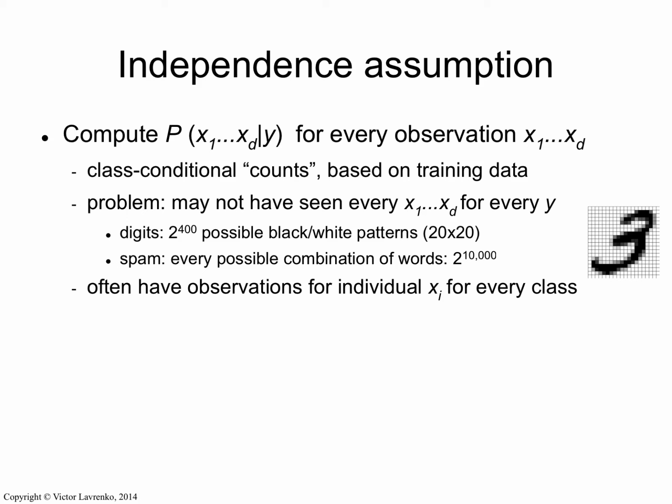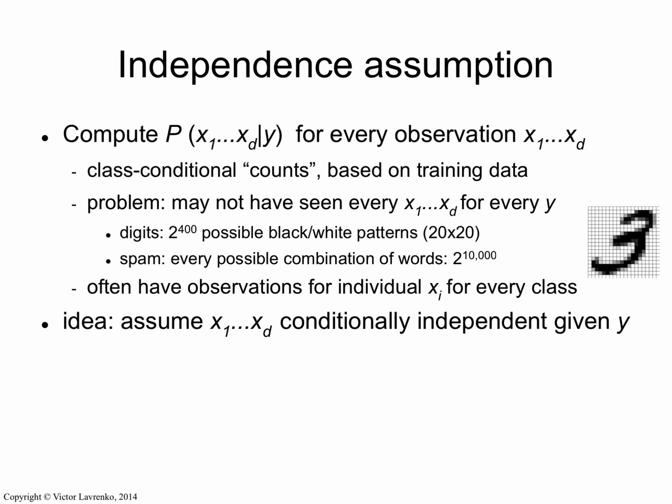And what you are asked to do by the Bayesian classifier is to compute the probability for every single one of those bitmaps given class 3. And that's just not feasible. You cannot even enumerate them, and you will never have the data to count them. So you cannot possibly get this number by counting. And that's just bitmaps. If you work with text, your event space is a lot bigger than that. So it's hopeless.